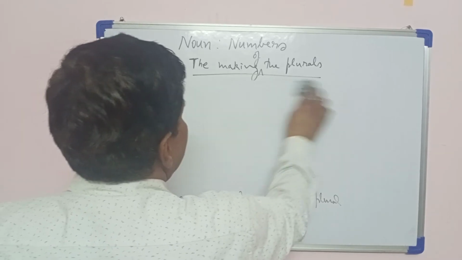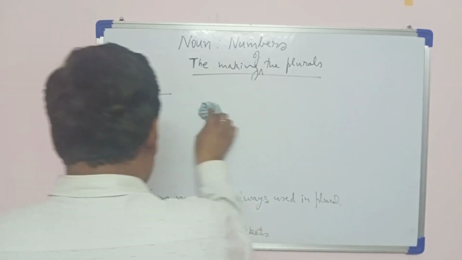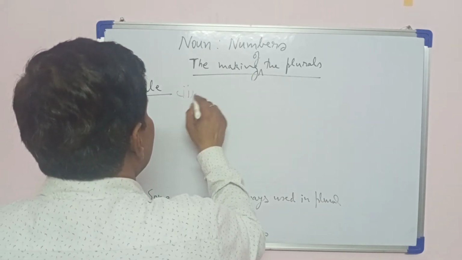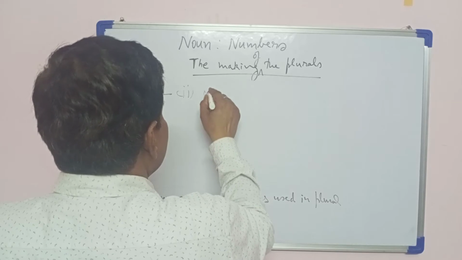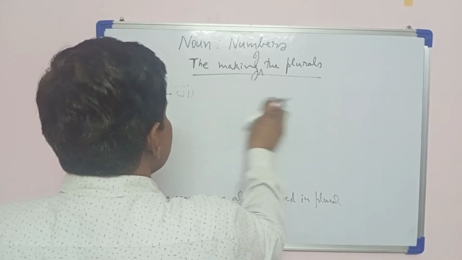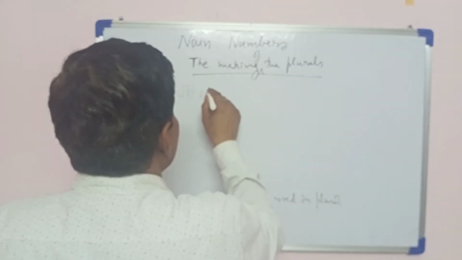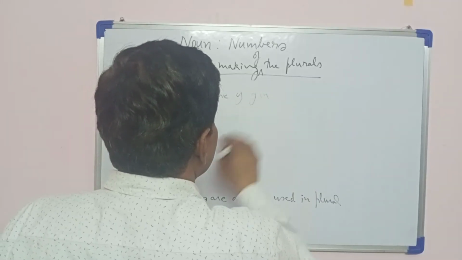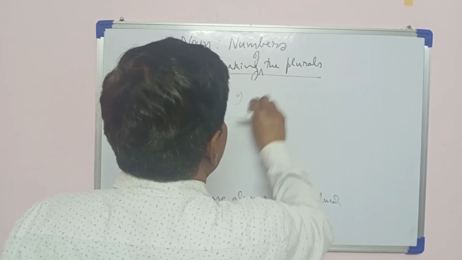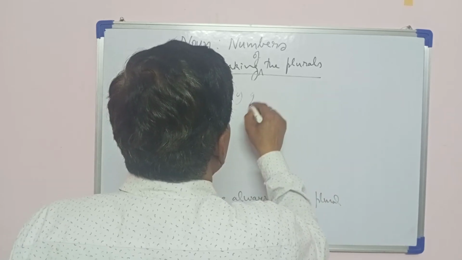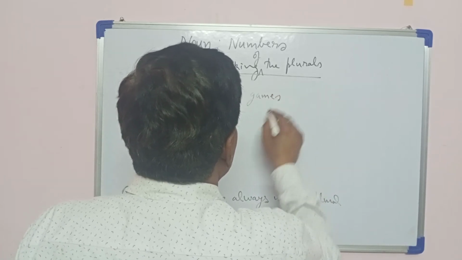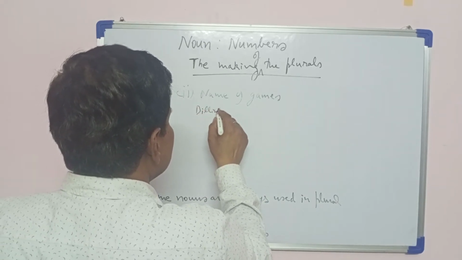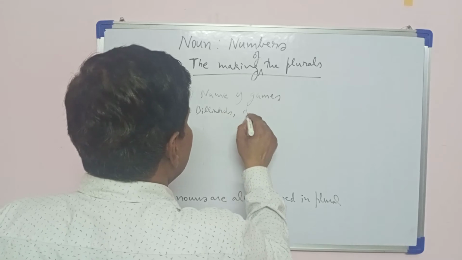Understanding their form is a must for us. Name of games: billiards, draughts.